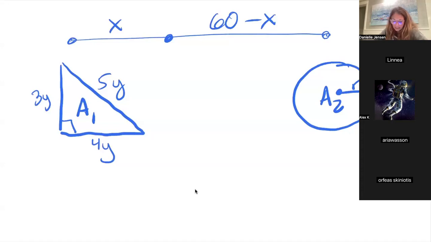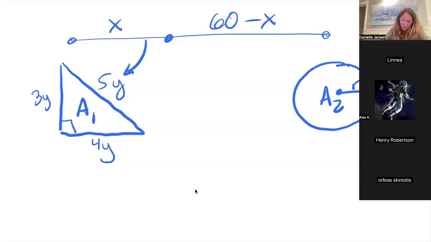Okay, so you tell me, do you guys want to put X towards the triangle, or do you want to put X towards the circle? Doesn't matter. Triangle. Okay, so if we do X towards the triangle, remember, by putting it towards, I mean the perimeter, or in the case of a circle, circumference.